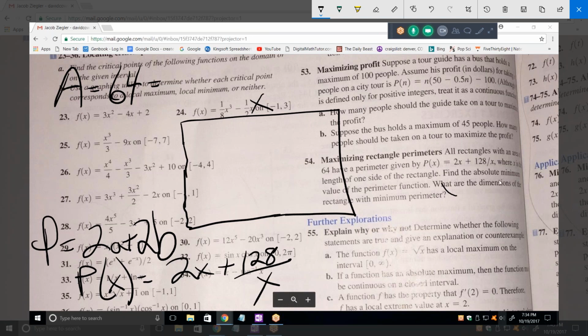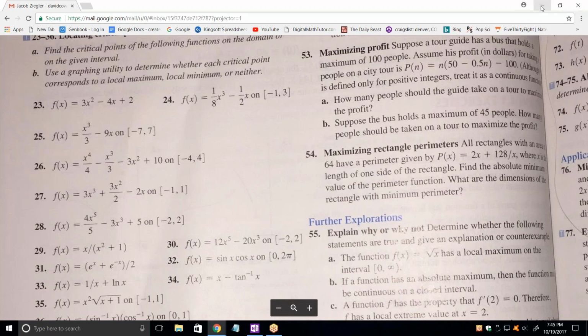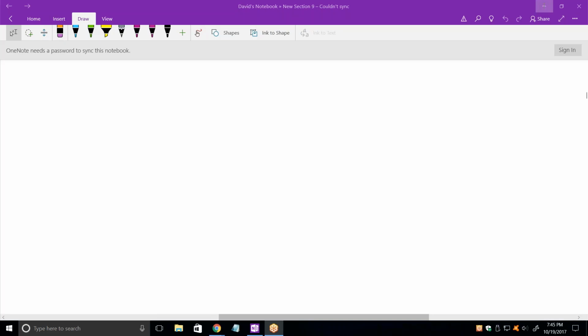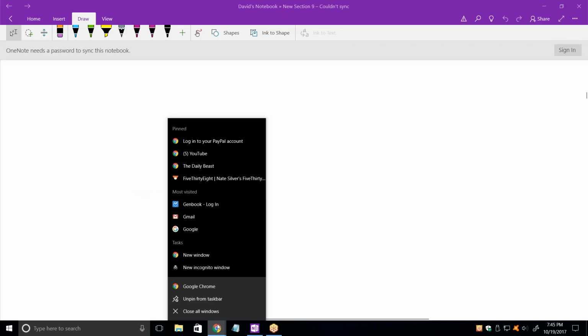For example, I think here, let me do it anyway. 2x plus 128 over x. I want to graph this. I think it'll help with the understanding of it.